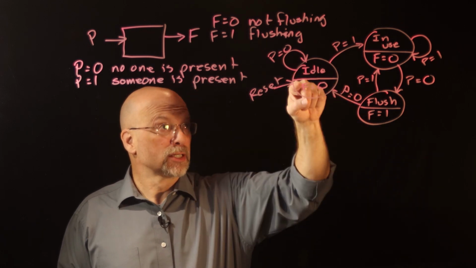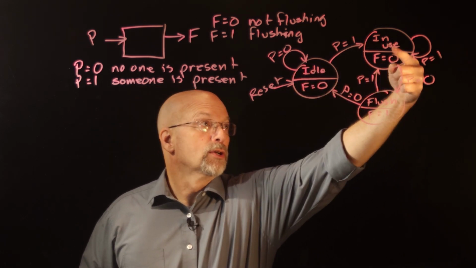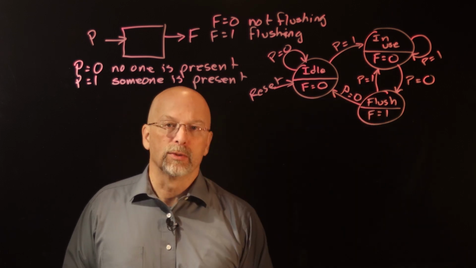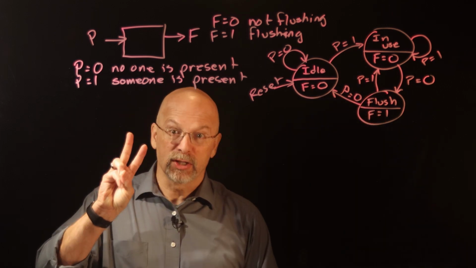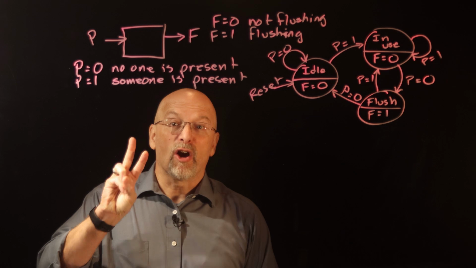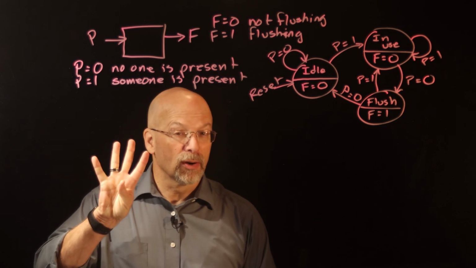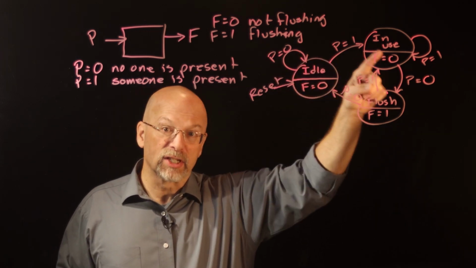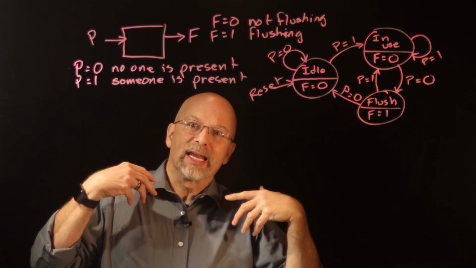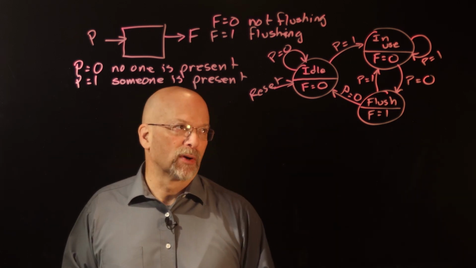And there is for this case. If there were 2 inputs to this system, then there are 4 possible patterns of 1s and 0s, and I'd need to have 4 transitions out of every state to represent every way that we can have an input. All right?